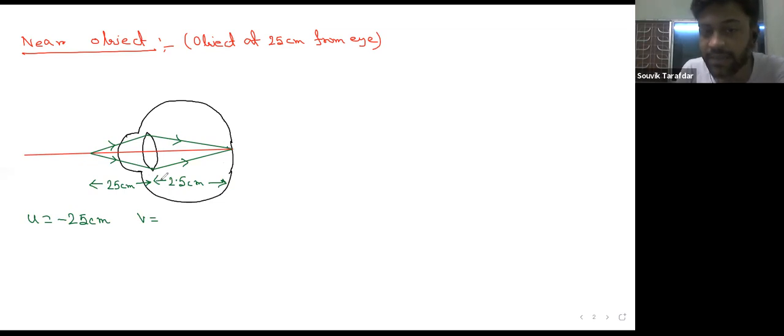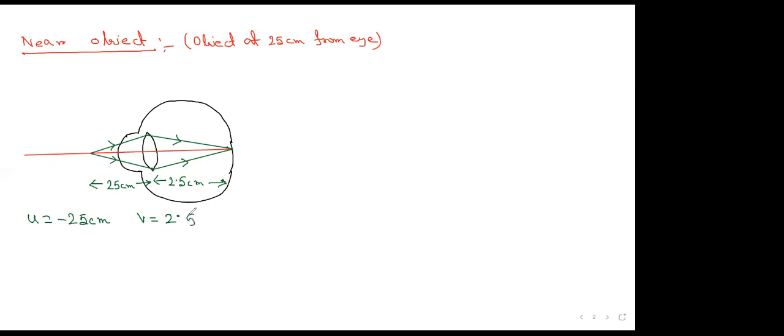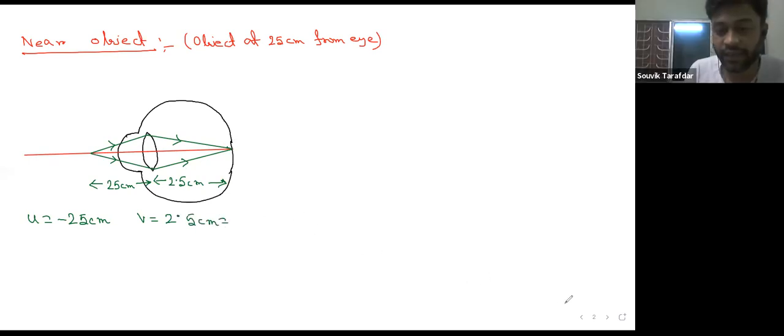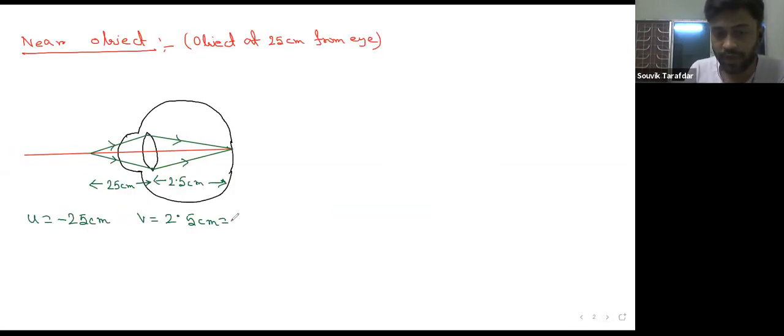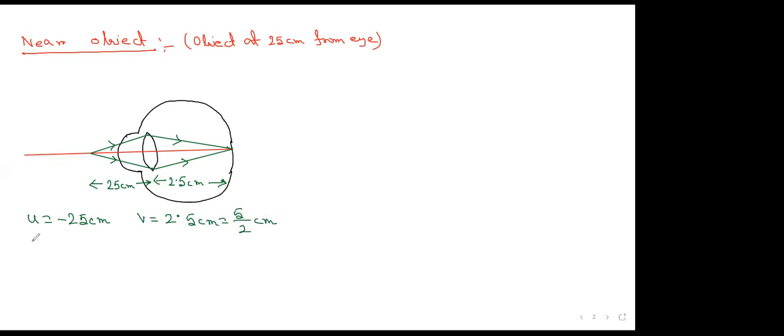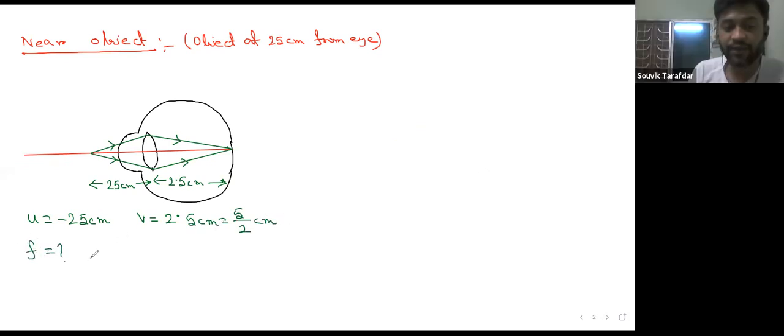And the retina is at a distance of 2.5 centimeters, or we write 2.5 as 5 by 2. So we will find F, and from there we will also find the power. Let's use the lens formula: 1 by V minus 1 by U.